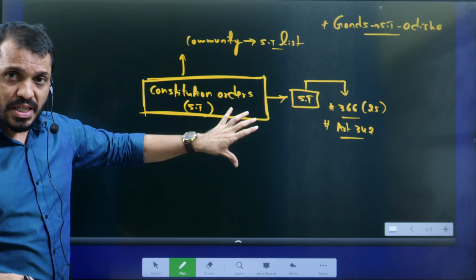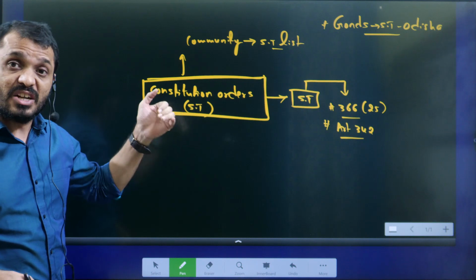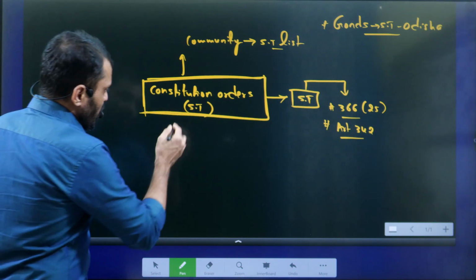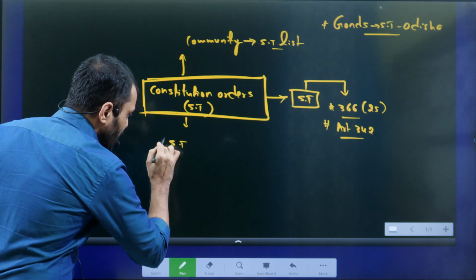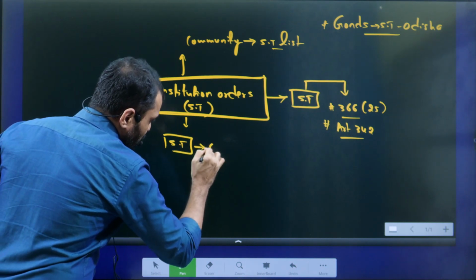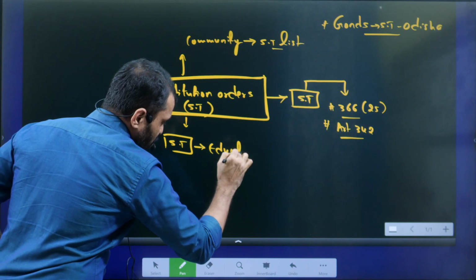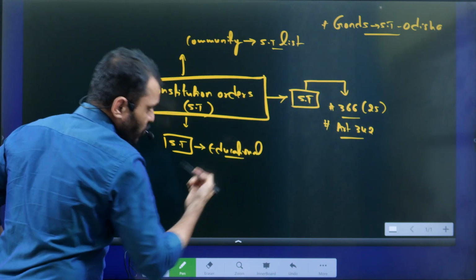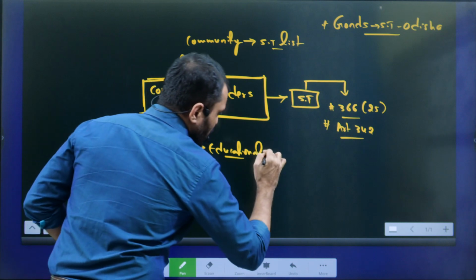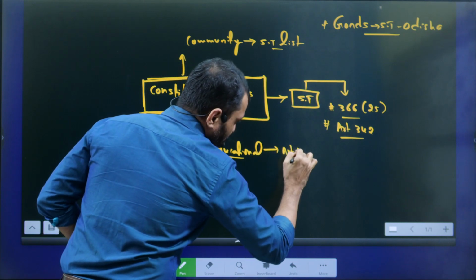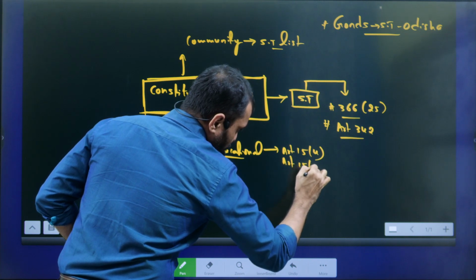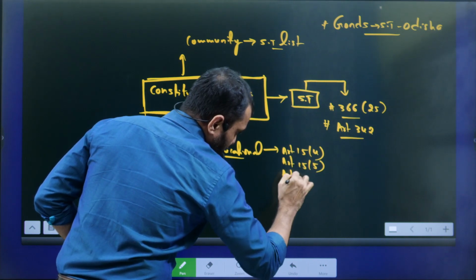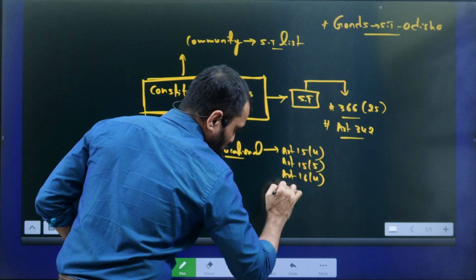Once a particular community is put under the ST category, what kind of benefit will they get? Obviously, they'll get certain educational benefits. In the form of what? Already you know, students, in the form of Article 15 Clause 4 and Article 15 Clause 5 and Article 16 Clause 4 in public employment.